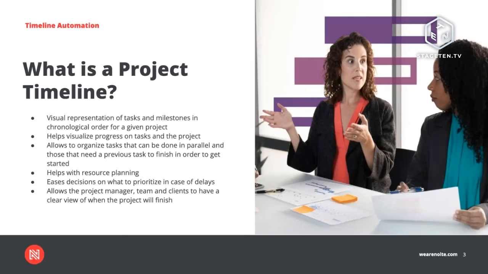Finally, it also helps us with resource planning. This is very important, as with the project timeline, we have a clear visual representation of when we can assign more resources to a project.